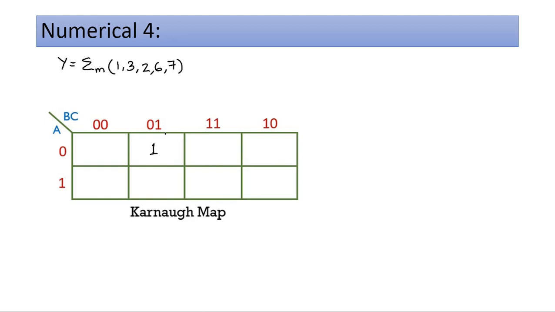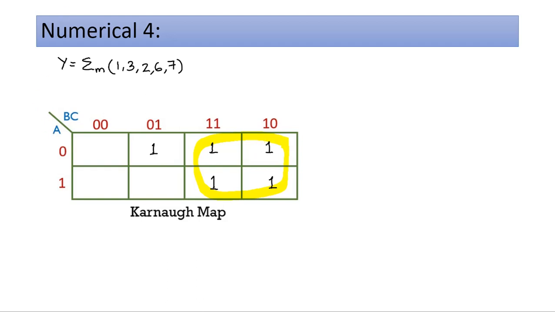So 1 corresponds to 0, 0, 1, 3 corresponds to 0, 1, 1, 2 corresponds to 0, 1, 0, 6 corresponds to 1, 1, 0 and 7 corresponds to 1, 1, 1. So how to group this? We can group this as 4 variables and we can group this as 2 variables. So this can be grouped as one group in this way.